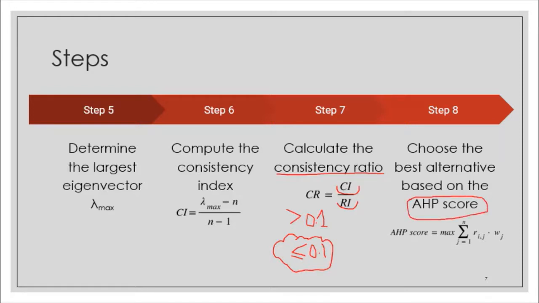We can simply do that by multiplying the weight of each criteria with the value of each element in each row and applying the summation of this operation to obtain an AHP score for each alternative in our study. Then we choose the alternative with the maximum AHP score, and this will be our best alternative.